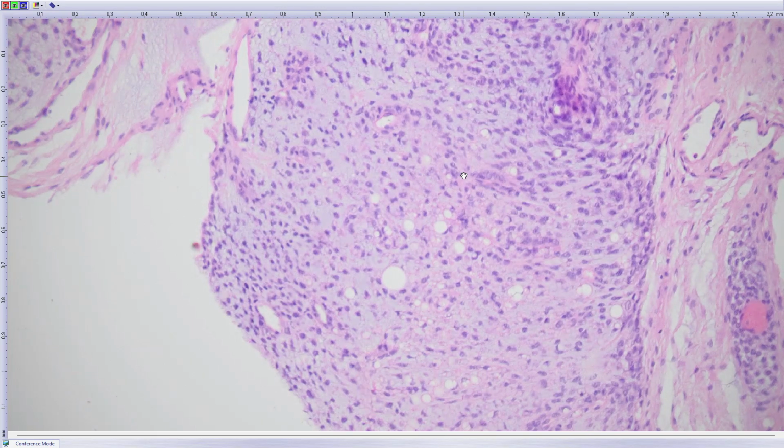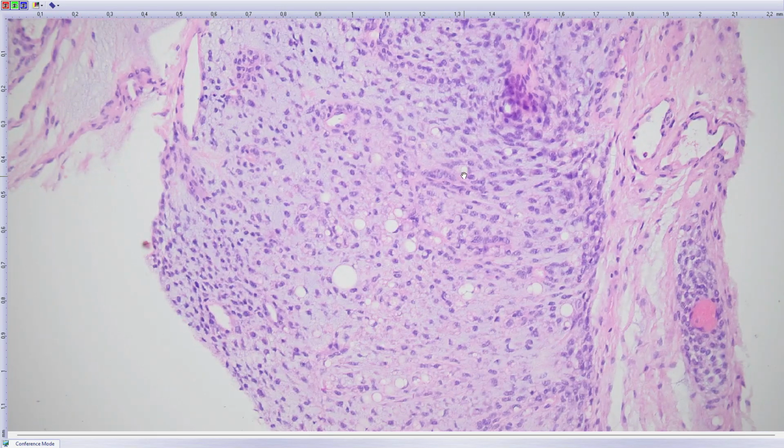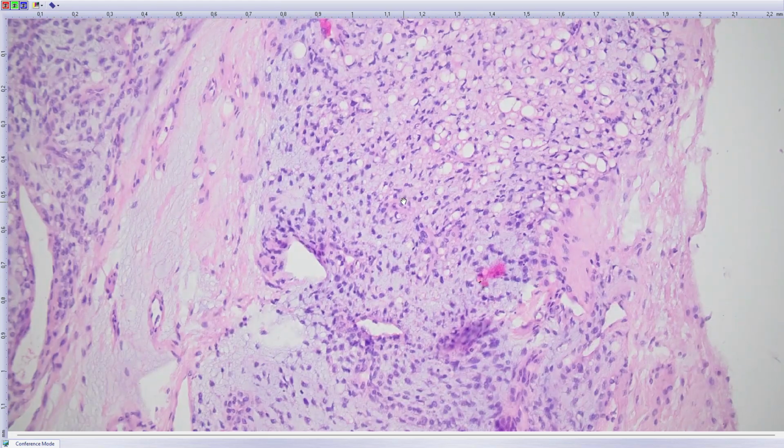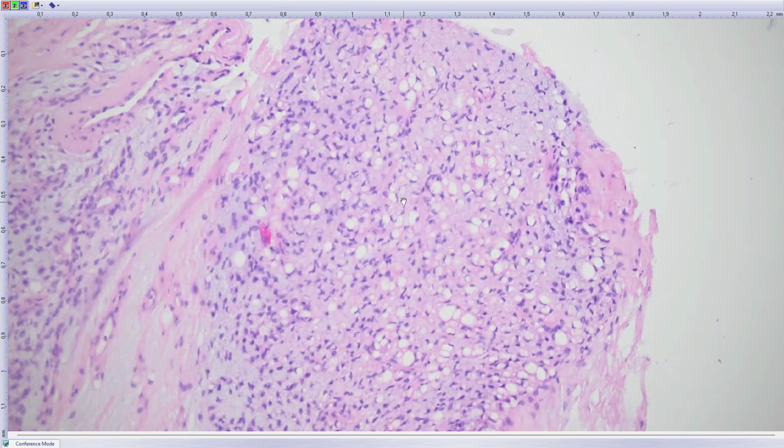These vacuolized cells, which are basically lipoblasts. You can see the nuclei here. So these are primitive adipocytes, even better in these areas.